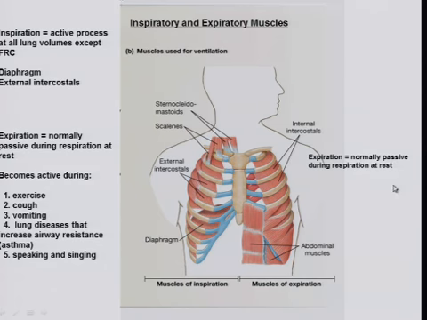It's passive. We get recoil, and the recoil is what causes expiration. However, if we increase our metabolic demand, we need to increase our respiratory rate or volume. We use the expiratory muscles, which would be the abdominal muscles and the internal intercostals. Those are your primary muscles of expiration.